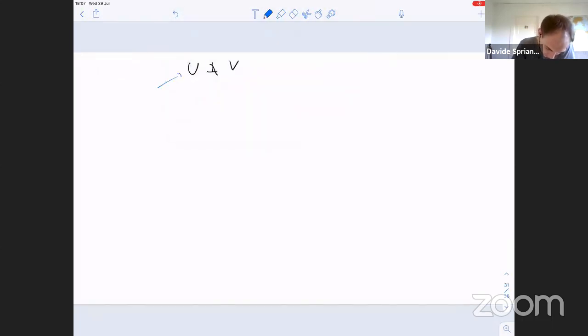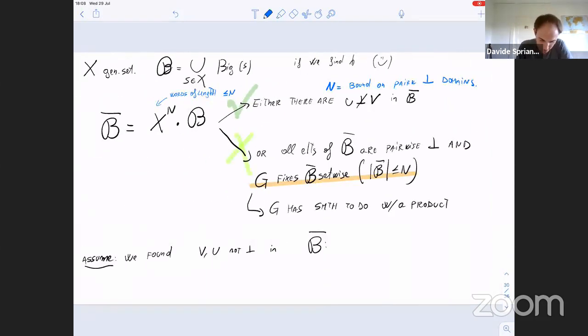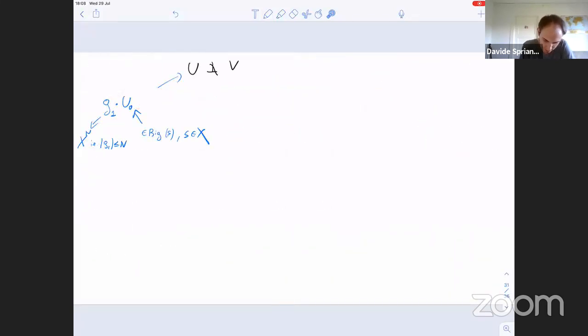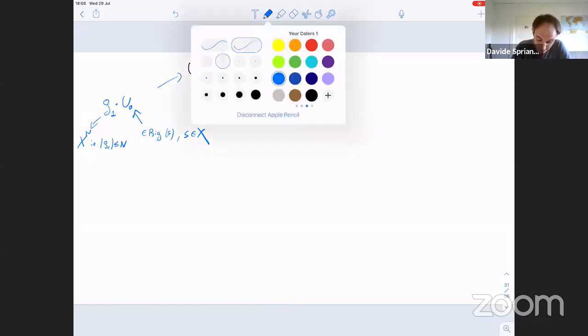Well, U is by definition G1 times U0, where G1 is some word in x to the n, i.e. a word of length n, and U0 is in the big set of S for some S generator. Okay, that was the definition of B bar. B bar is we start from B, which is the union of the big sets of the generators, and then we apply words of length at most n. So this is what U is going to be, and similarly V.